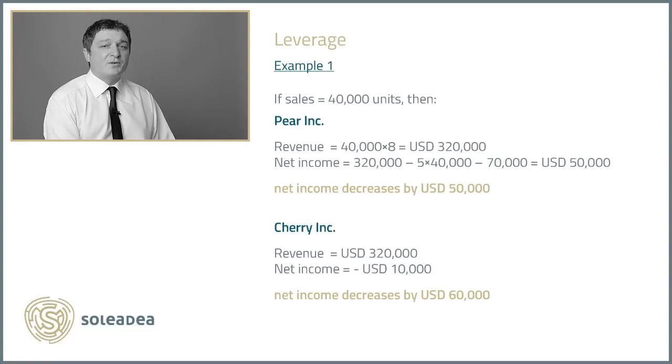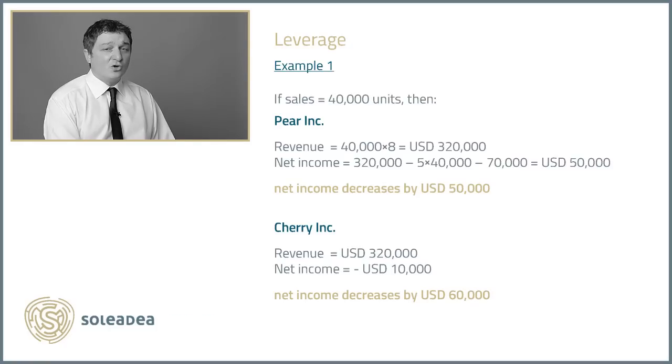Let's assume that the companies manufacture and sell 40,000 units. What net income can we expect? Net income of Pear Incorporated is 40,000 times 8 minus 5 minus 70,000, which gives us 50,000. Thus, the net income decreases by $50,000.